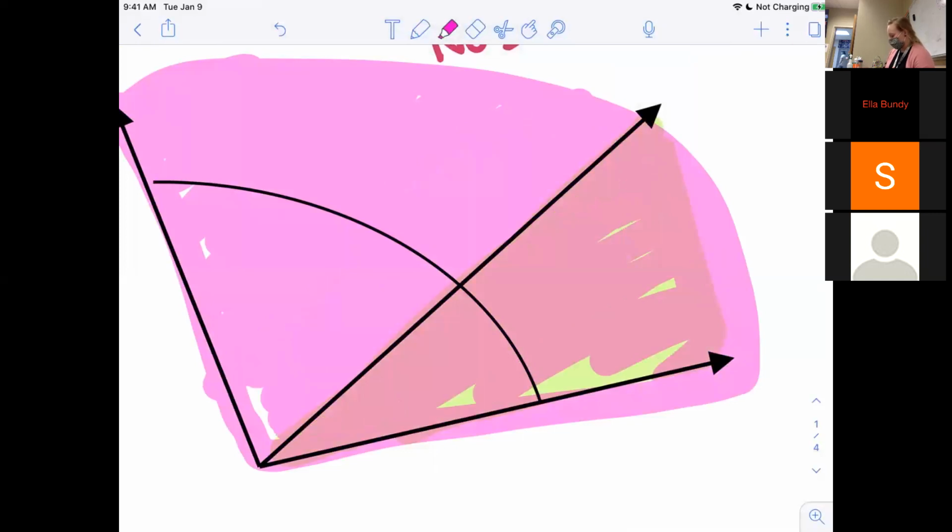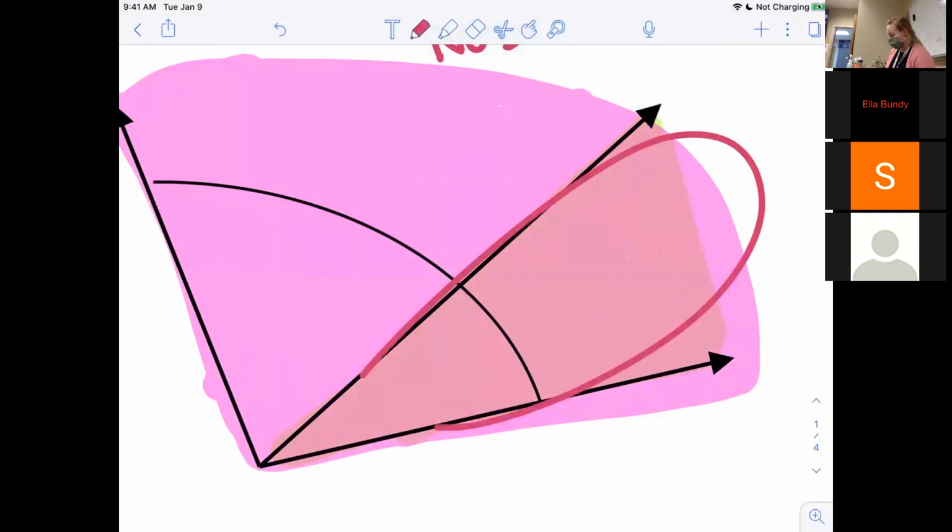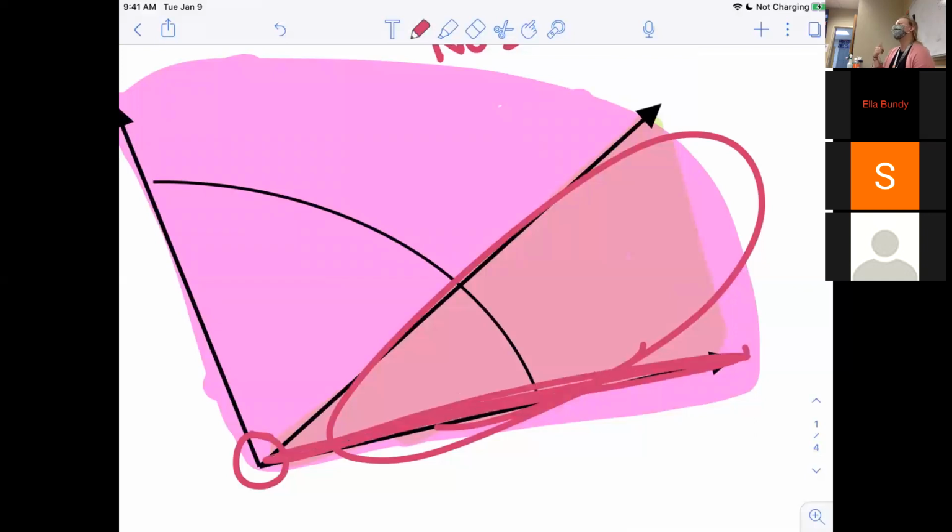What's my problem here? They overlap. All of this that I just spent time coloring is an overlap, right? They do share a vertex and they do have a shared side, this one right here, but because of all the overlap, they're not adjacent.